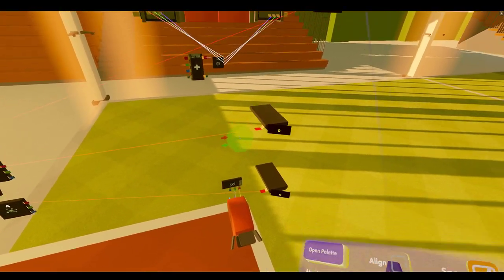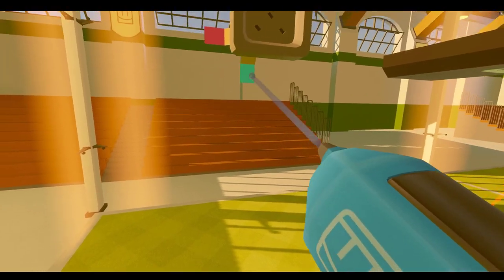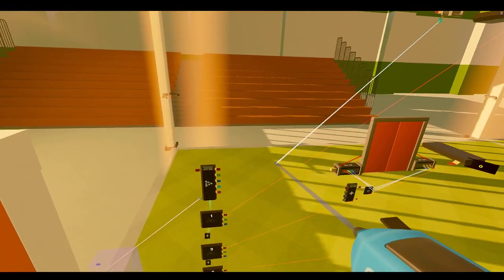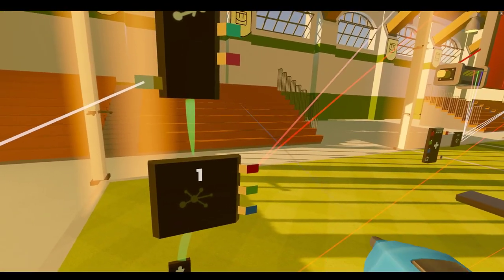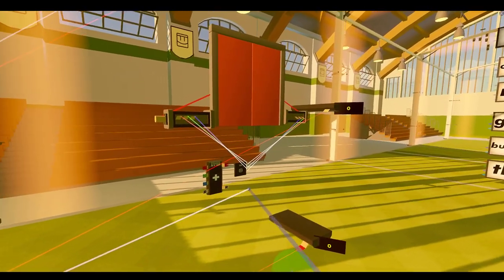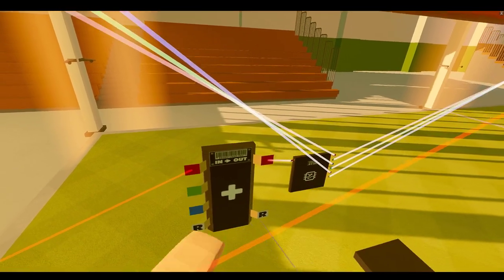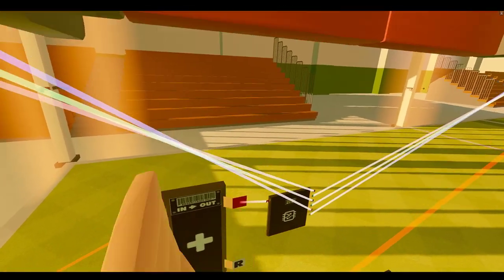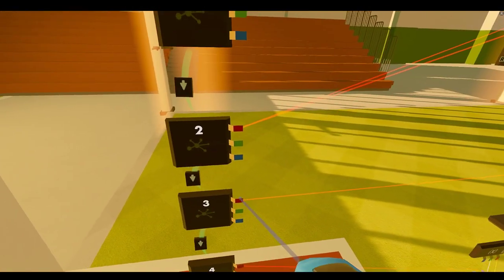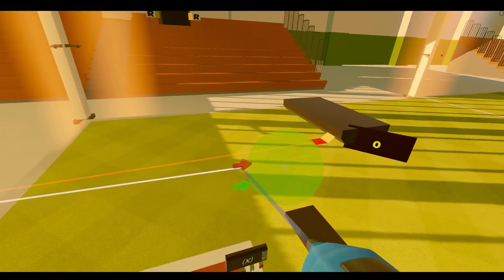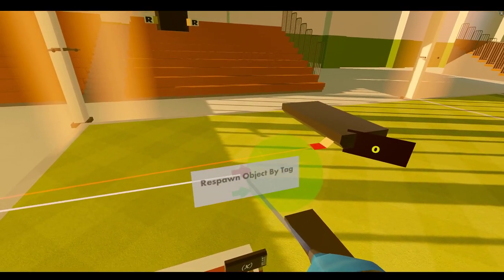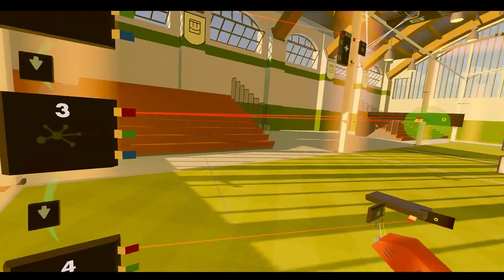Okay. So for the emitter, the blue on-off pin, or the blue emit pin, sorry, it's going to go on enter. This door is a state machine that opens the door, so that signal is going to start that event. This is a respawner, so respawn by tag, and I have the bowling ball tagged in there.